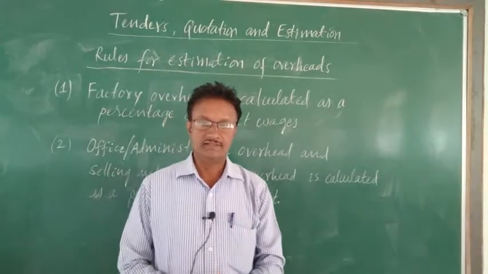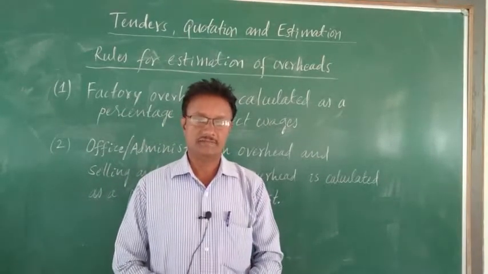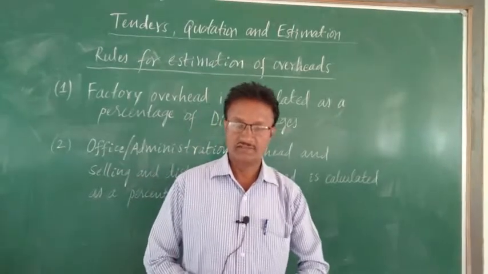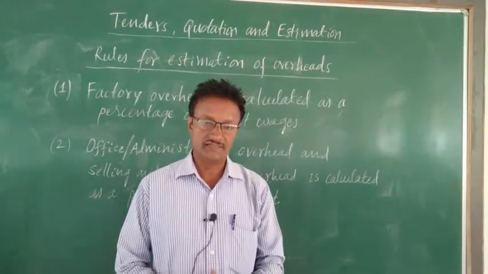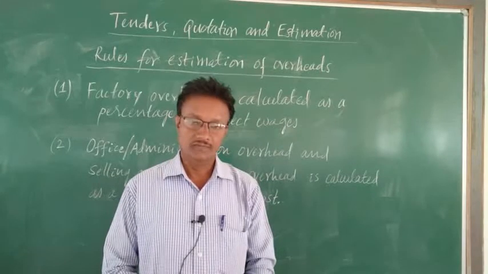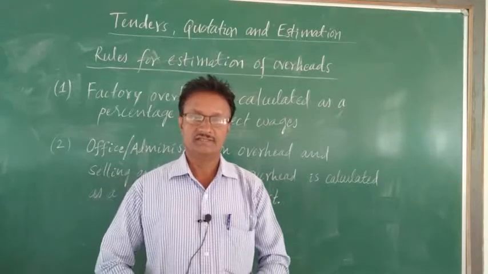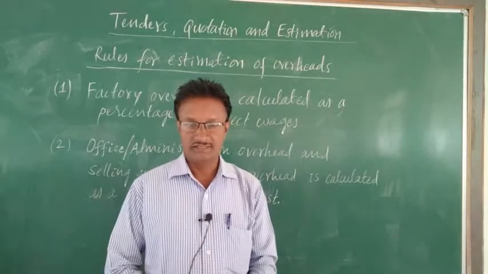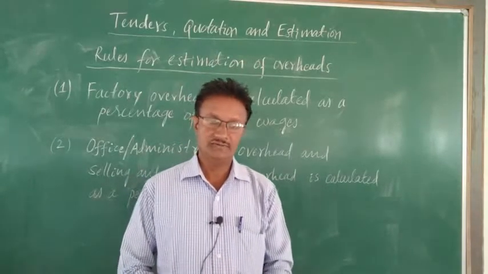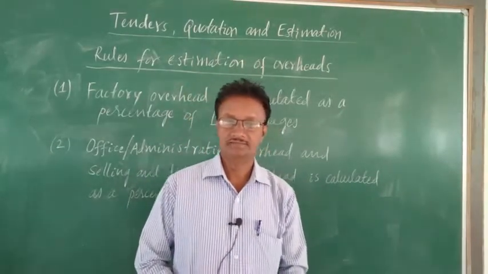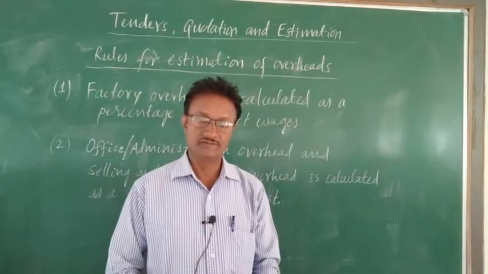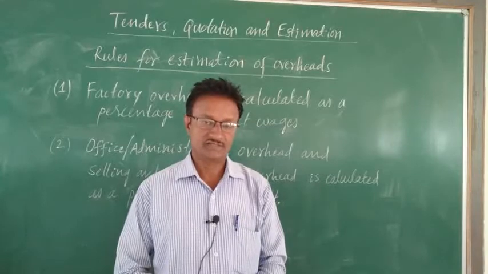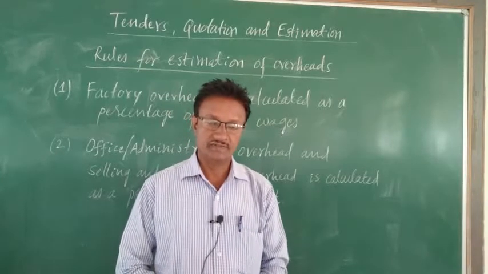Tender is a formal statement of price at which goods are agreed to be supplied or work order is to be executed, and it is a reply to an invitation, and it is usually sent in sealed covers. So tender is a statement of price.